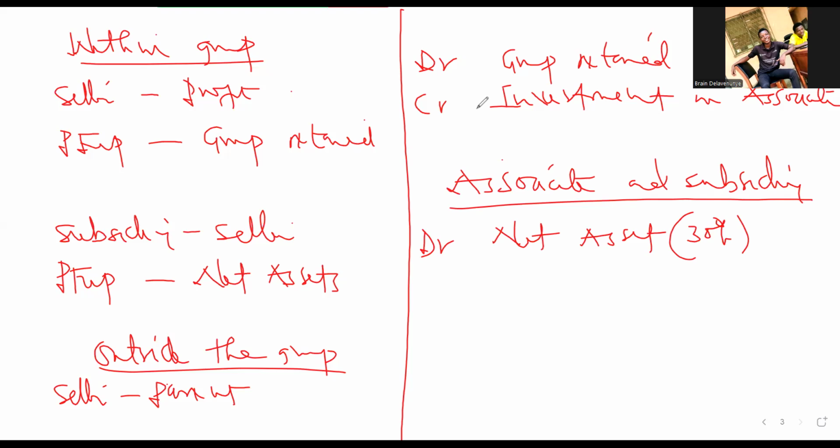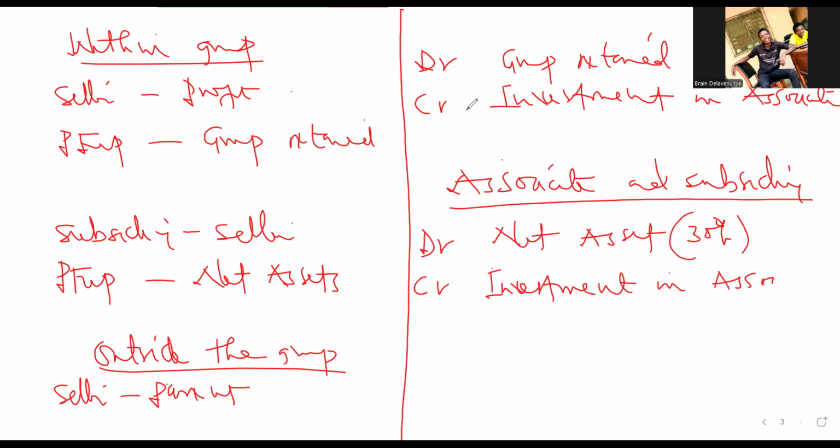You find the parent's share, but the provision for unrealized profit will not go to group retained earnings because the parent is not the one selling. It will go to the net asset of the subsidiary, but the corresponding entry will still be taken away from investment in associates.